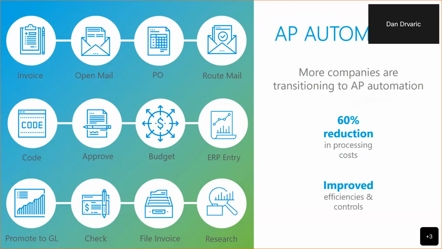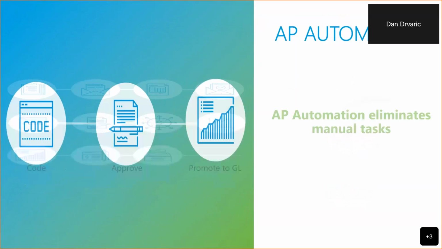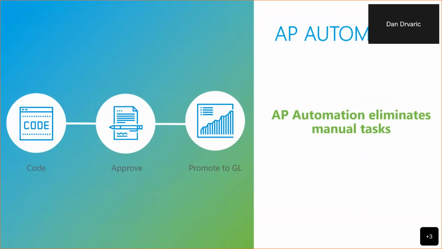But when we have completed the implementation of DocLink, you'll see that we boil everything down to just the processes that are absolutely necessary to get the job done. Much more streamlined, much more straightforward, and certainly much less costly because we've eliminated so many manual steps.